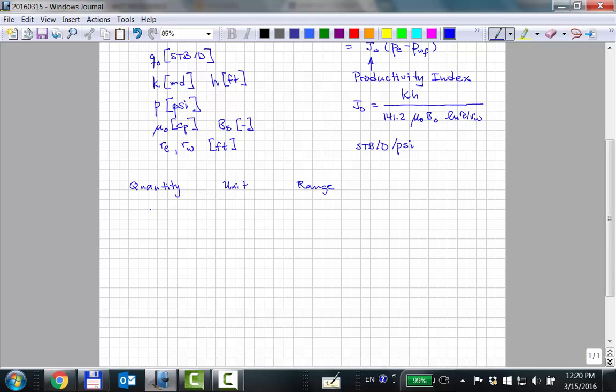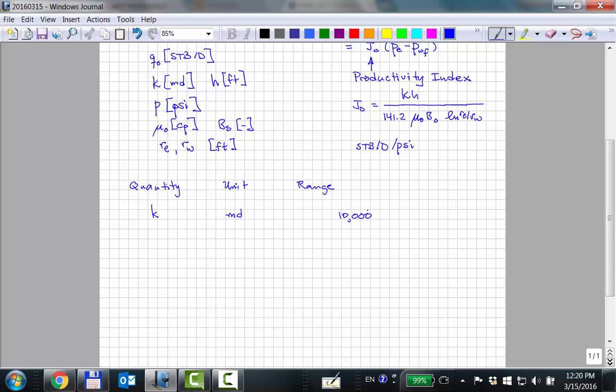So we can start with permeability. This has the largest variation from well to well. Permeability, we're using the unit of millidarcies. And the range traditionally, in Norway it's probably the largest. The maximum is around 10,000. I think Troll is around 10,000 millidarcies.